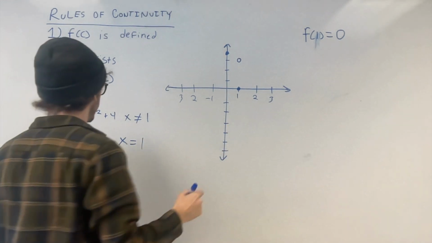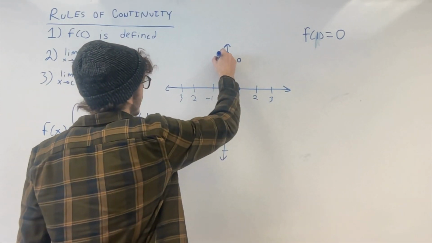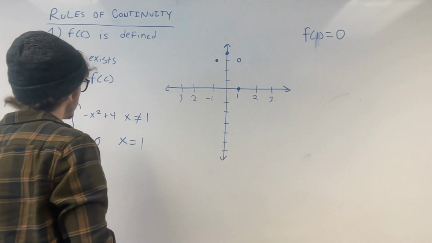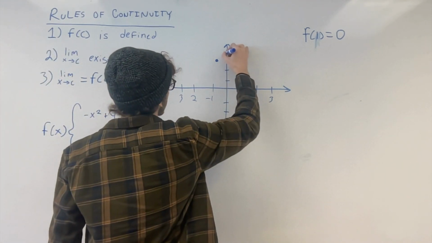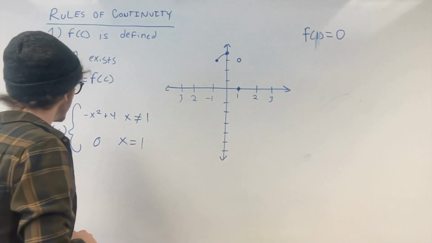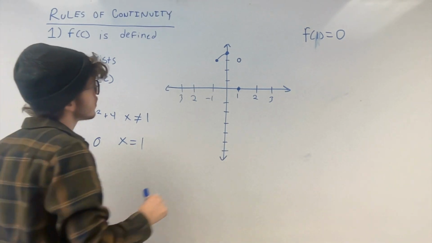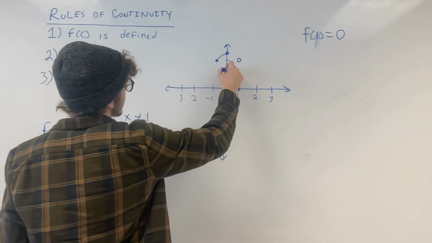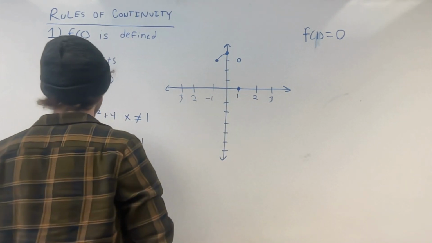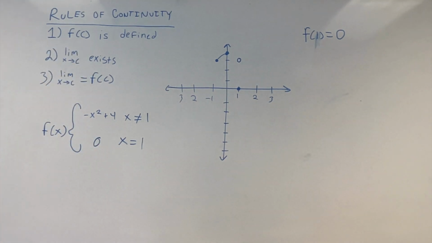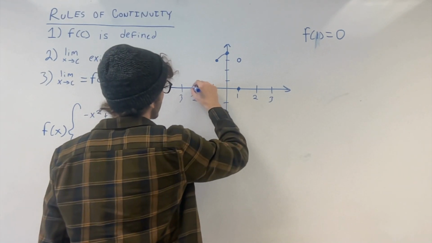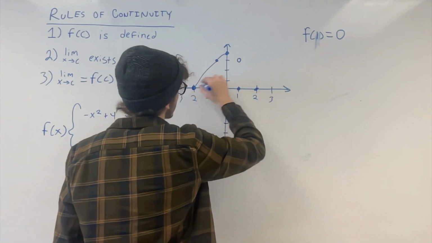And then we know that this function has symmetry, so when we plug in negative 1, we get negative 1 squared plus 4, that's 3. Pretty simple there. Then at 2, negative 2 squared plus 4 is 0.